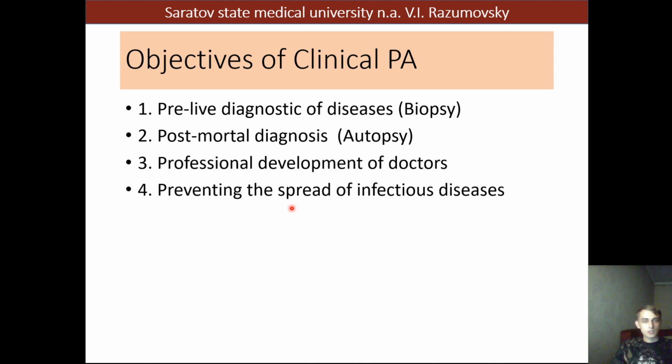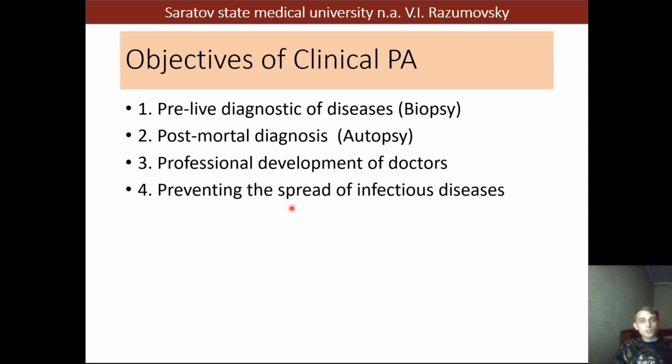The second objective is post-mortem diagnosis, or autopsy. After death, for all bodies we should make an autopsy and find out the reason for the person's death. It's actually a big part of the pathologist's work in clinics.